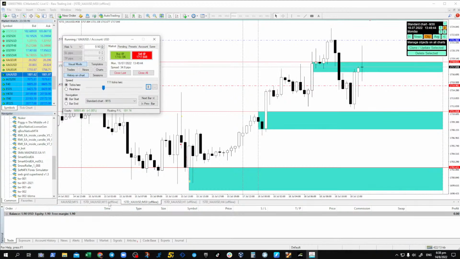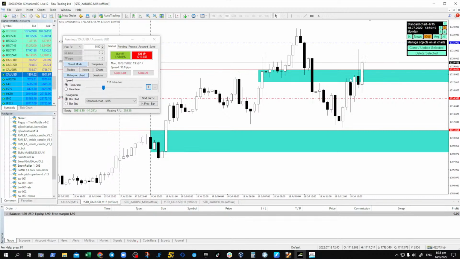So let's look at M15. Oh, there's a strong rejection candle on M15. Unless price goes above this candle, oh, there's a zone here. That's why it's rejecting.